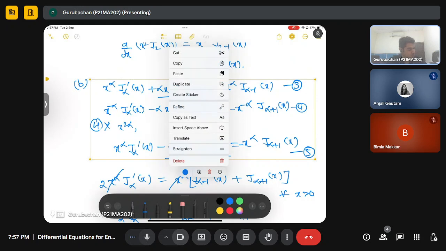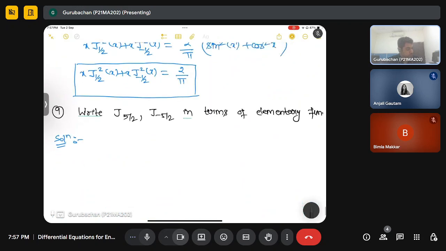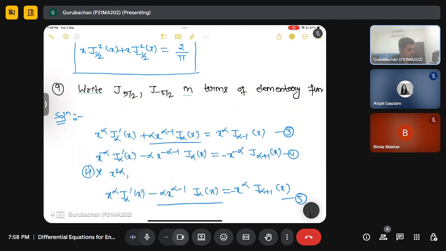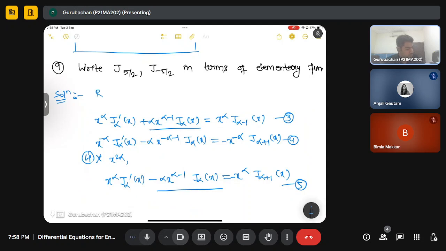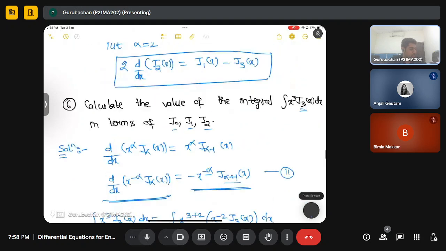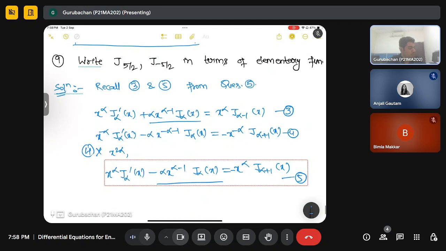So recall equation number 3 and 5 from question number 5, which I think was question 5.